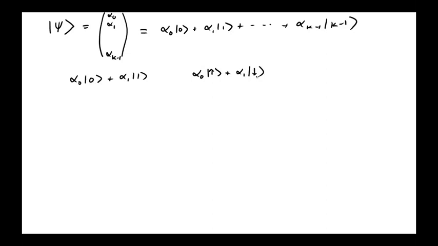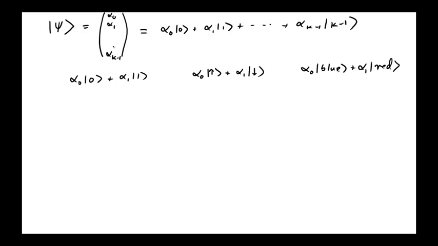Or maybe we want to write it as alpha_0 |blue> plus alpha_1 |red>. The great thing about the Ket notation is that it makes it very convenient to talk about a label for each vector in the basis, and at the same time it allows you to express what the amplitudes, or the entries of your vector, are.